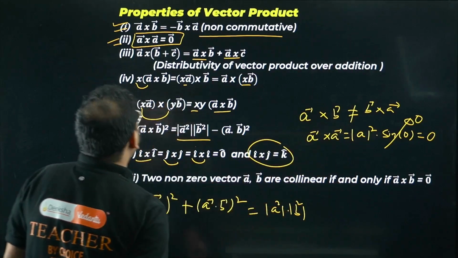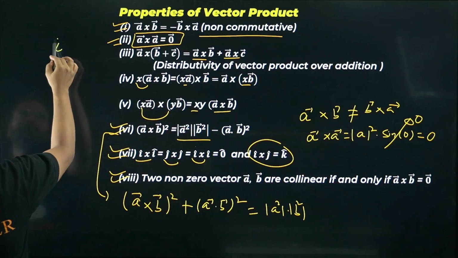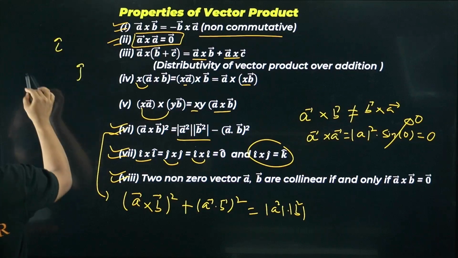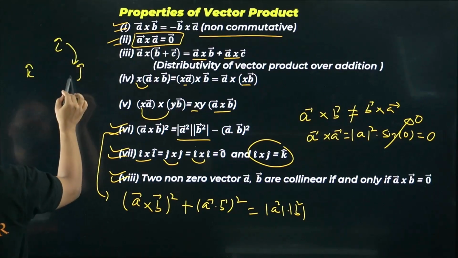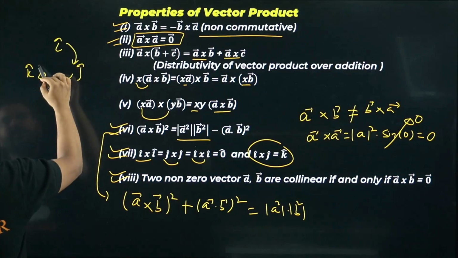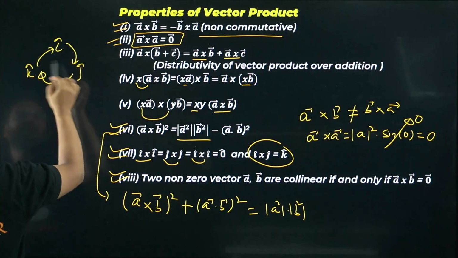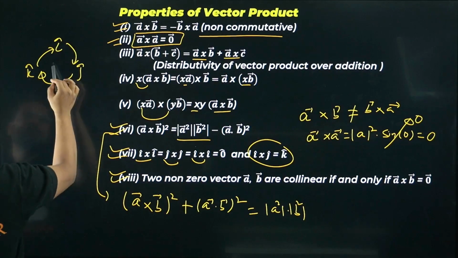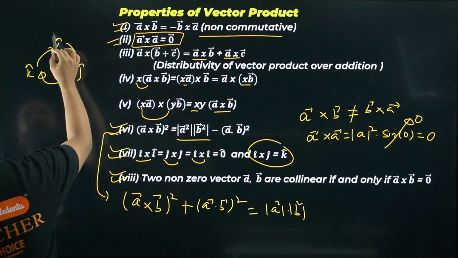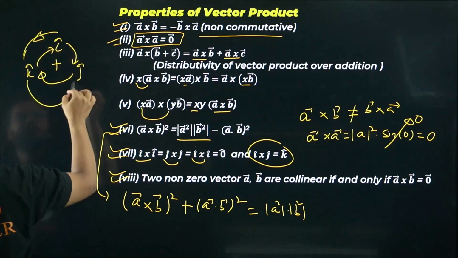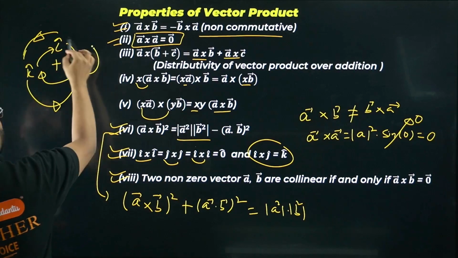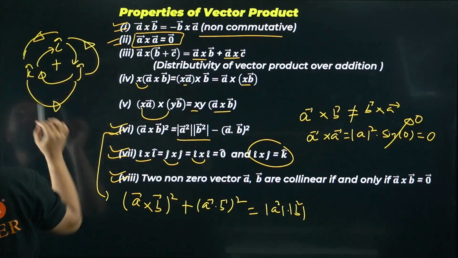What about this, sir? I've taught you this, remember? Right here I cap, right here j cap, and right here k cap. Going from I to j, you'll reach k. Going from k to I, you'll reach j, positively. But if you go the opposite way, outside, and from here again opposite, what are you going to reach? The negative side.